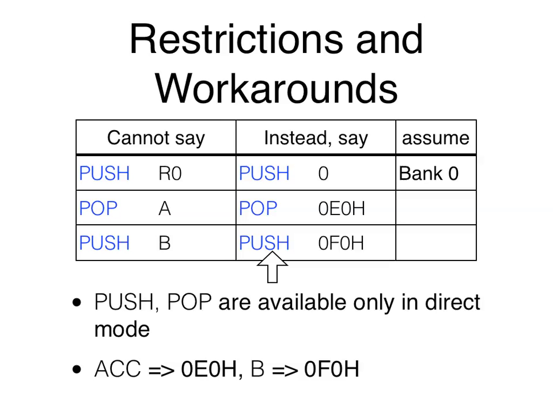Instead of PUSH A or POP A, you have to say POP ACC, and then ACC gets substituted as the E0 hex. And well, you could say PUSH B, because B actually stands for the F0 hex.